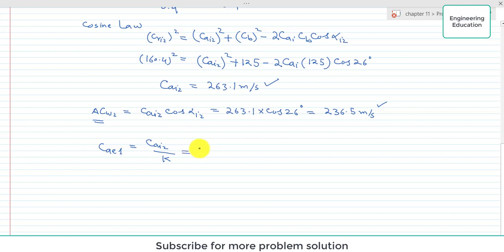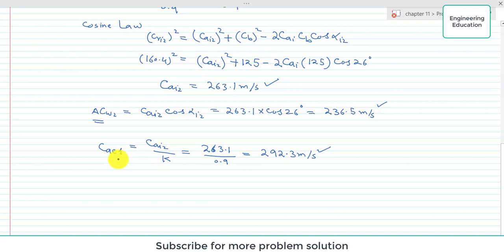So CAI2 is 263.1 and the value of K is 0.9. Simplifying it, we get the value 292.3 meter per second. So this is the value of CAE1, which is the absolute velocity at exit for stage 1, first row.